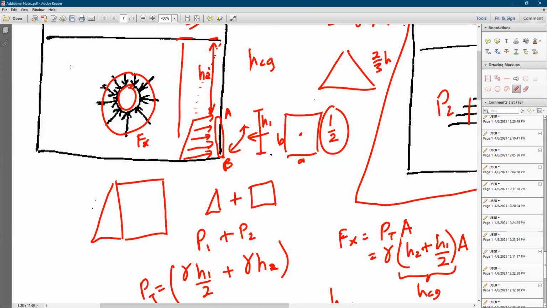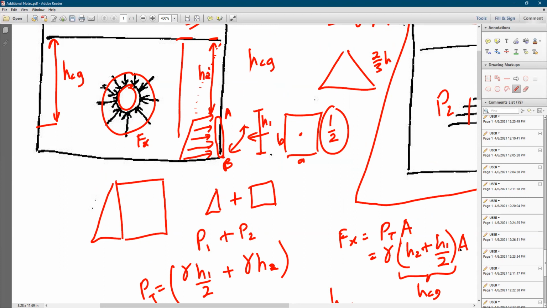Let's say this is your CG location, this is your HCG, because we already calculated based on H2 and H1.